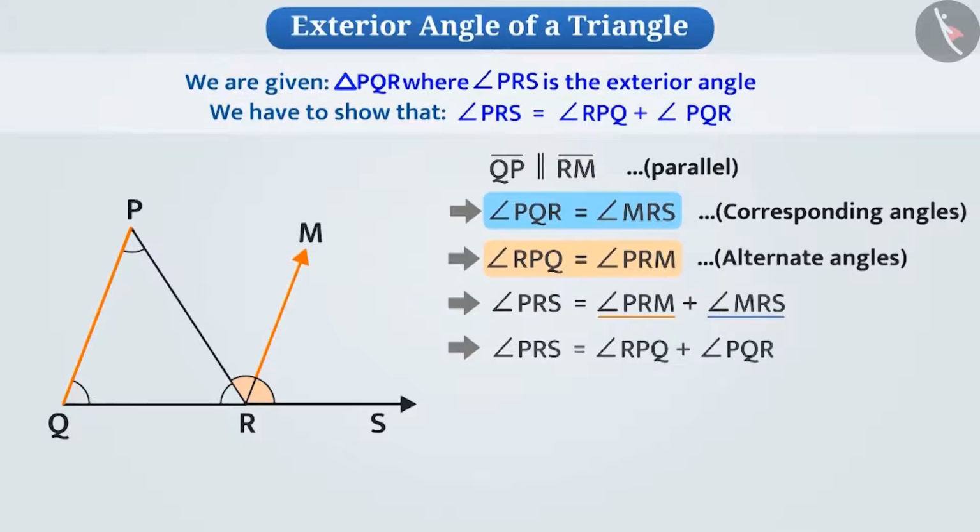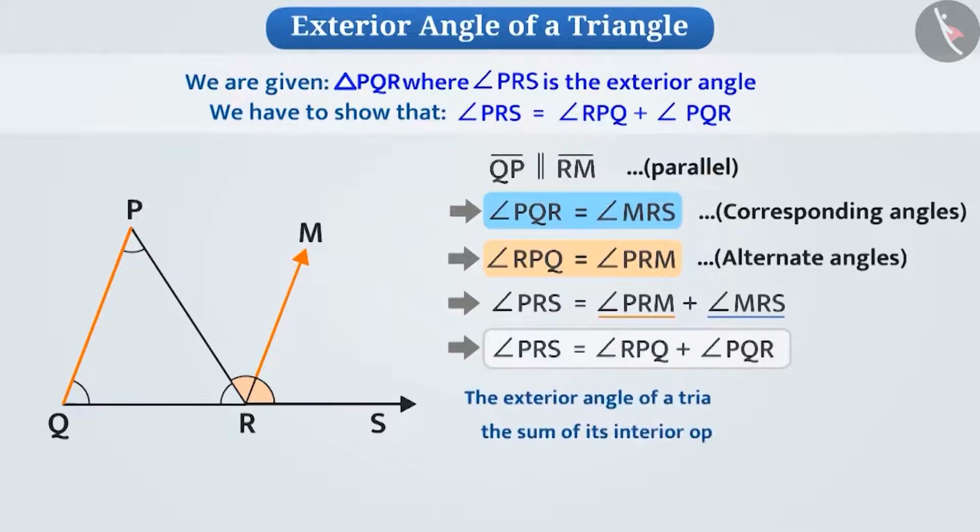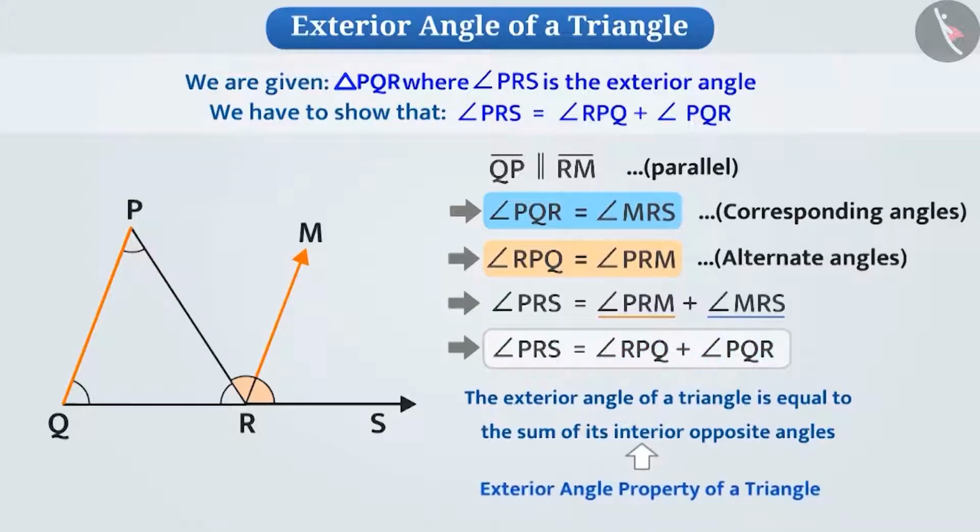This verifies the fact that exterior angle of a triangle is equal to the sum of its interior opposite angles. The above relation between an exterior angle of a triangle and its two interior opposite angles is referred to as the exterior angle property of a triangle. By now you must have understood the concept properly.